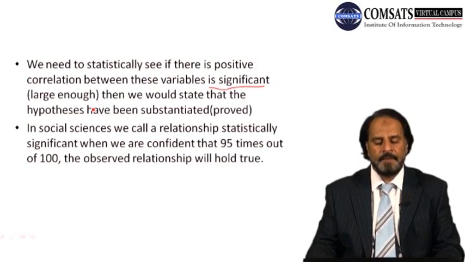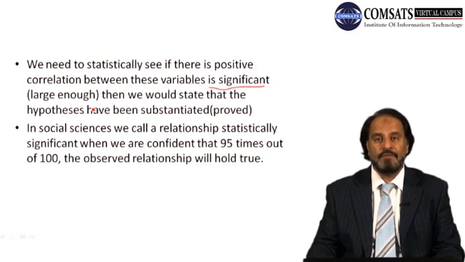In social sciences, we generally tend to say that we are confident that 95 times out of 100, the observed relationship will hold true. Generally, what we tend to do in social sciences is keep our significance level at 0.05, indicating that 95% of the time out of 100, the observed relationship will hold true. 5% of the time it is possible that the relationship will not hold true.